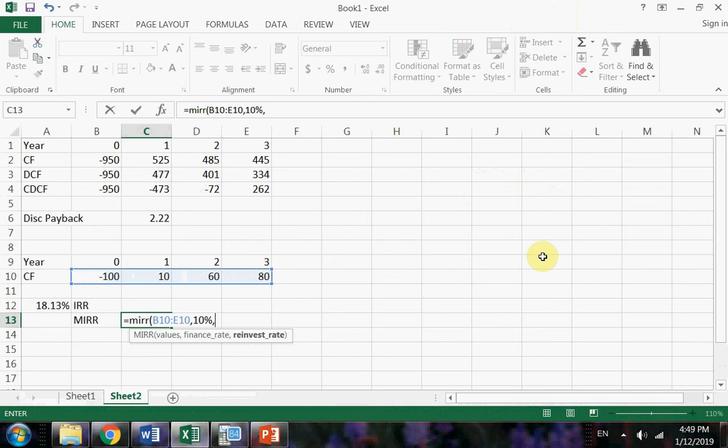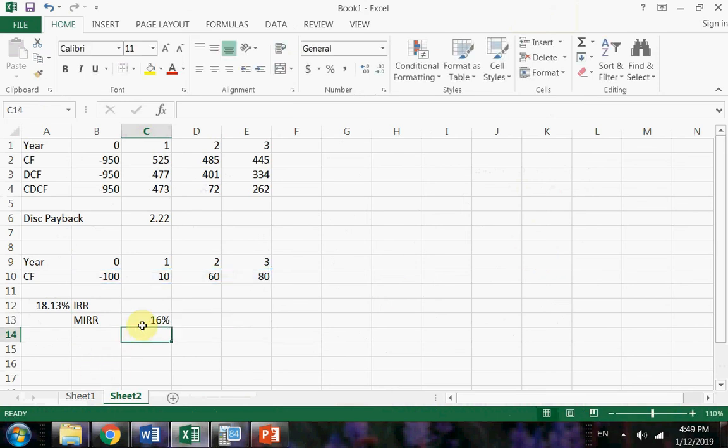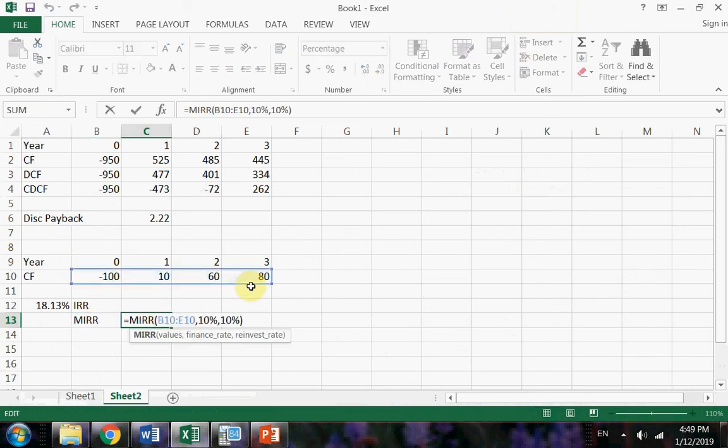The reinvestment rate, you should also put at 10%. Then you hit enter. That's your modified IRR. Alright, so I have spent a lot of time explaining why you need to modify the IRR, but to get it done in Excel, that's very easy to do.